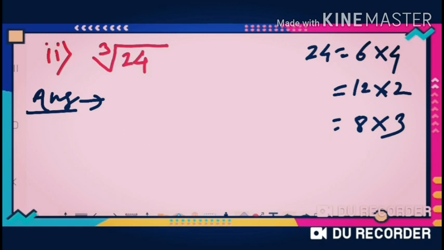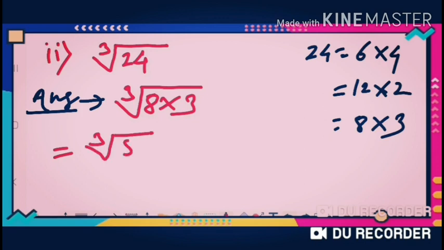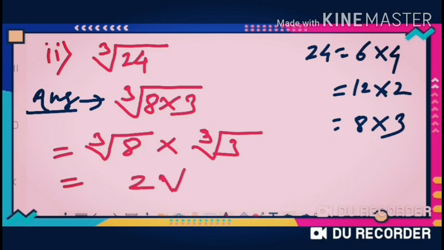Hence we take factor 8 into 3. Cube root of 8 into cube root of 3. Cube root of 8 is equal to 2. Coefficient 2, order 3 in radical sign 3 is the mixed form of given surd.